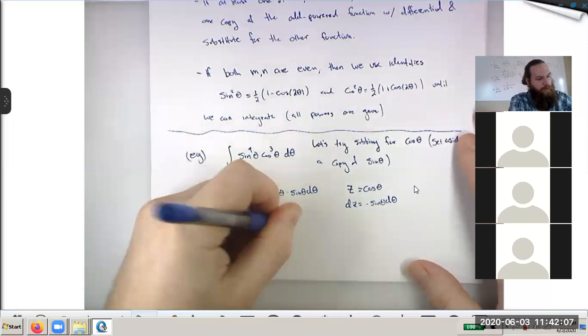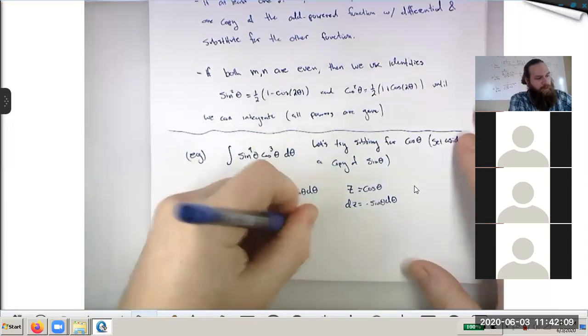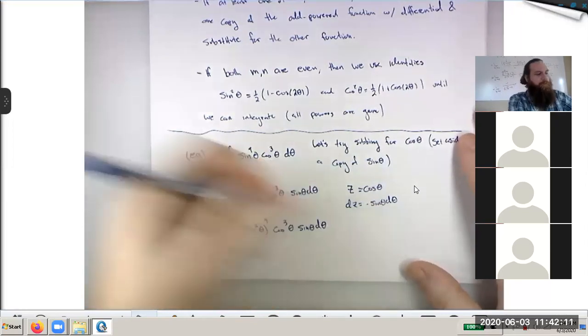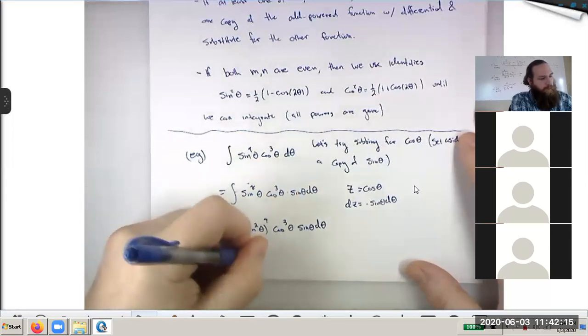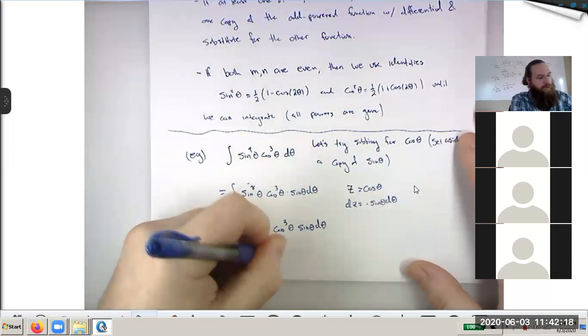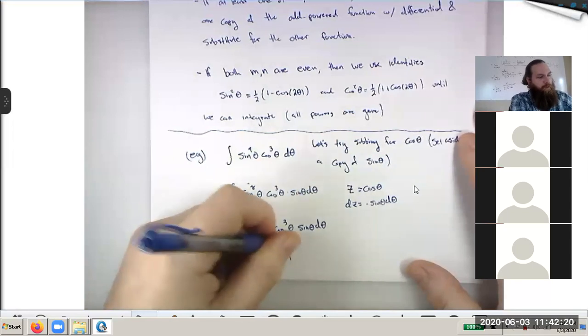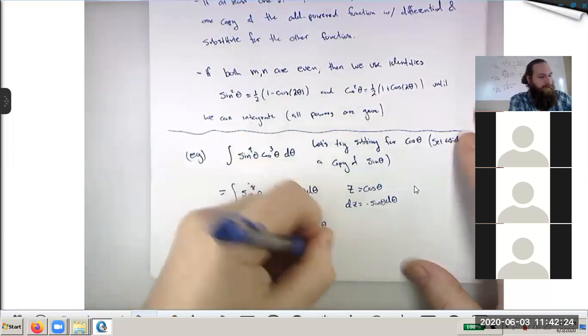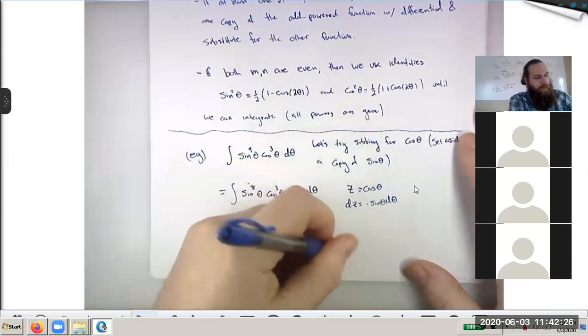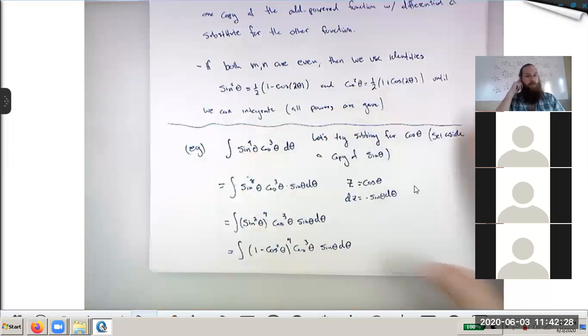And then I've got my cos cubed theta sine theta d theta. And this I can write as (1 minus cos squared theta) to the 4 times cos cubed theta times sine theta d theta. And now I'm ready to plug in my substitution.